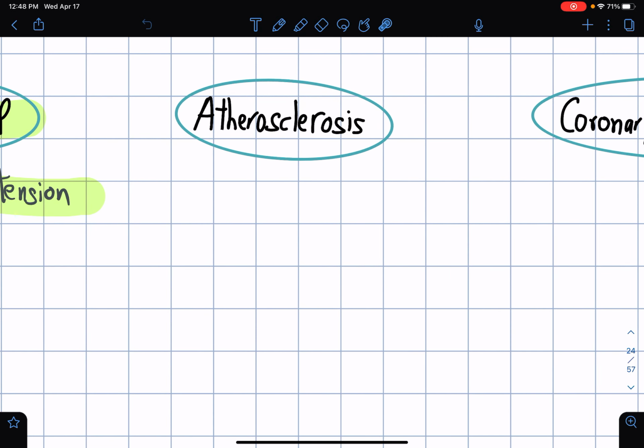Atherosclerosis. This is basically the buildup of plaque in the blood vessels of the body. This plaque is made out of lipids, basically fats. So if you eat fast food often, there's a high chance to get atherosclerosis, and this can impede blood flow.